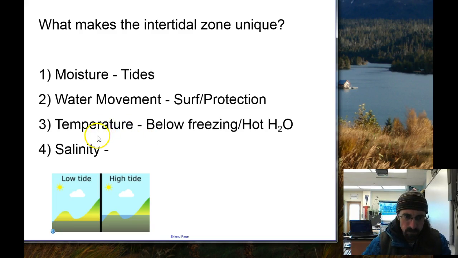For example, on a sunny day when the tide is out, those tide pools can get cooking well over 90 degrees or 100 degrees, especially along Mexico or in dry regions. The flip side of that, of course, is when it is freezing cold and you've got a low tide at night. It can be almost 0 degrees in some of these tide pools, and that will kill off a lot of life.